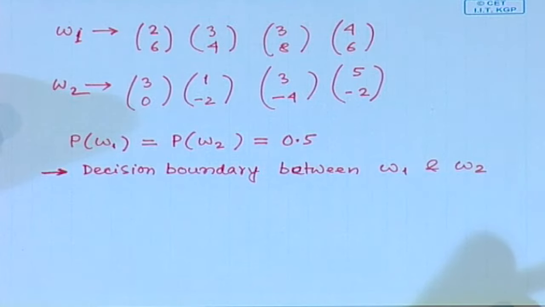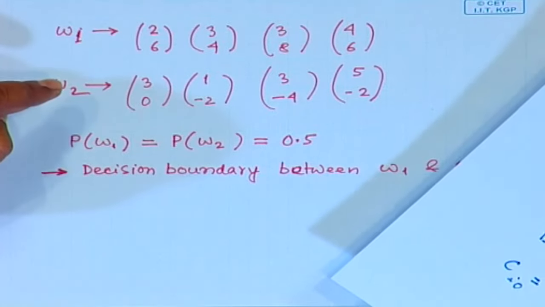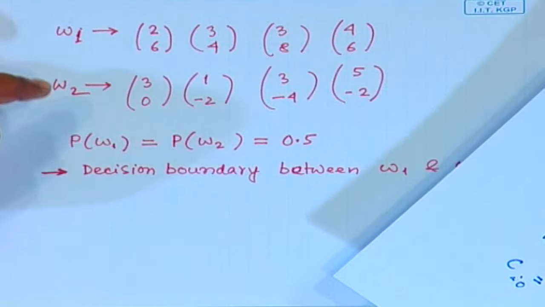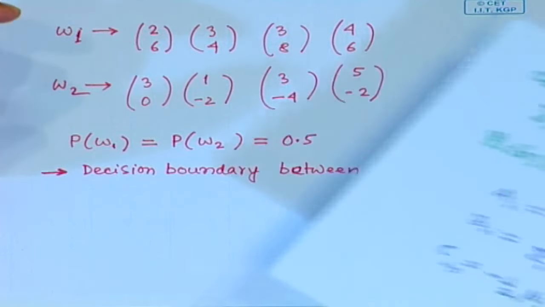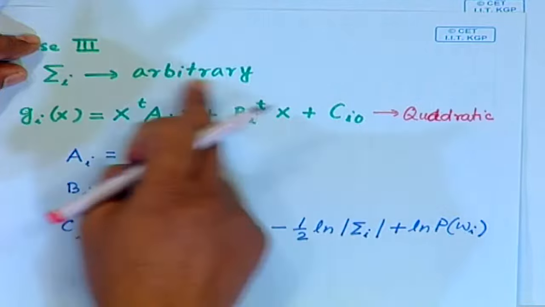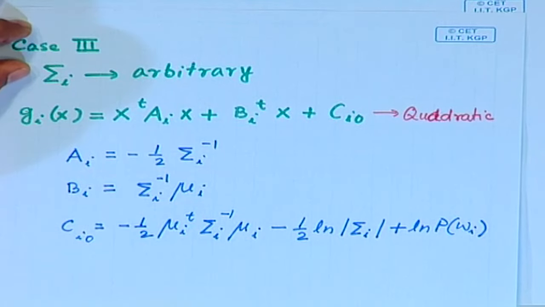So to find out the decision boundary, I have to find out the discriminant functions of the two classes omega 1 and omega 2 and then subtract, equating that to 0. Okay. Or in general, because I have to compute sigma I, that is the covariance matrix for the individual classes, and I do not know what is the nature of sigma I. Okay. So in general I can make use of this expression and go ahead with it, assuming that my surface will be quadratic. In case the surface is not quadratic, all the quadratic terms will get cancelled.